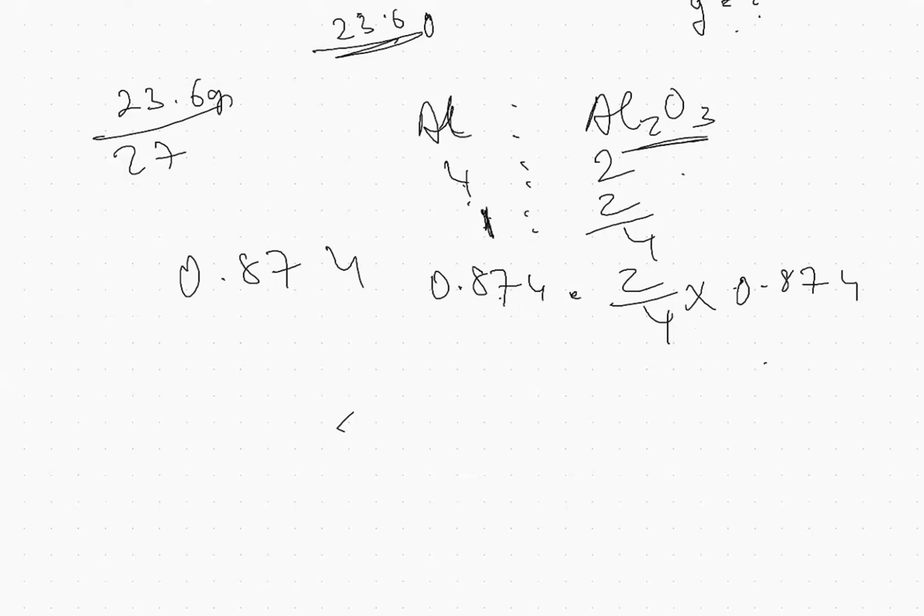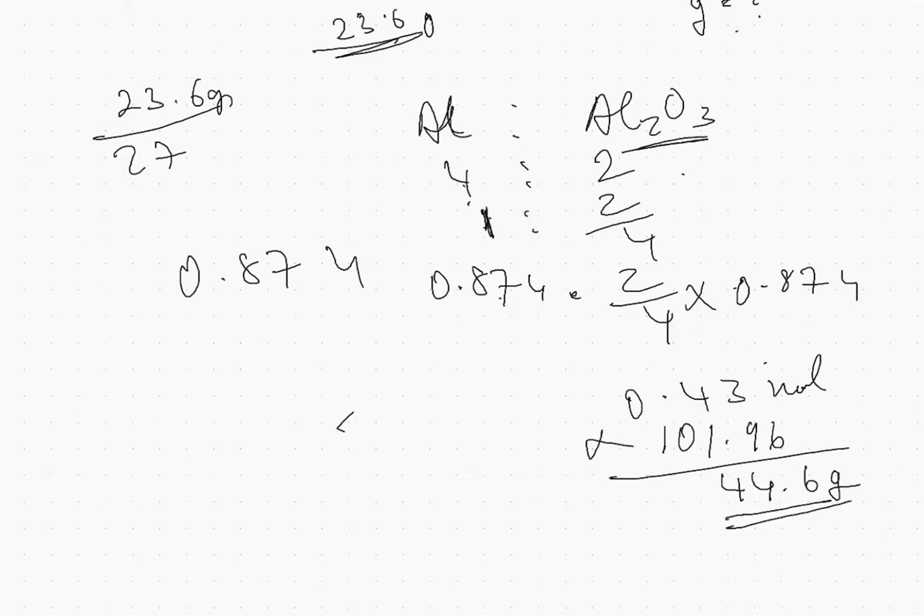To see how many grams, multiply by the molar mass again, 101.96. I get about 44.6 grams. That's how we do it. I missed the decimal earlier, so check your calculator again properly. That's how we do this. All right.